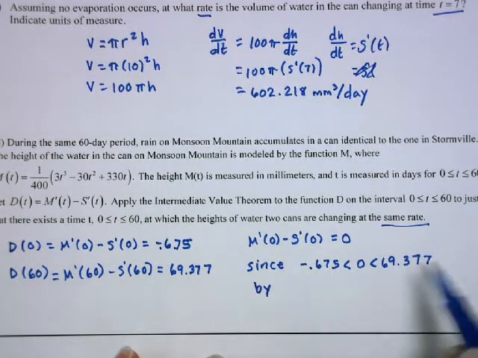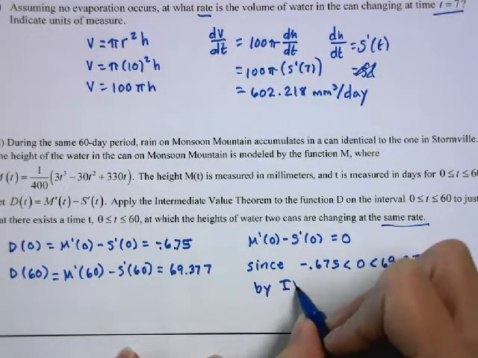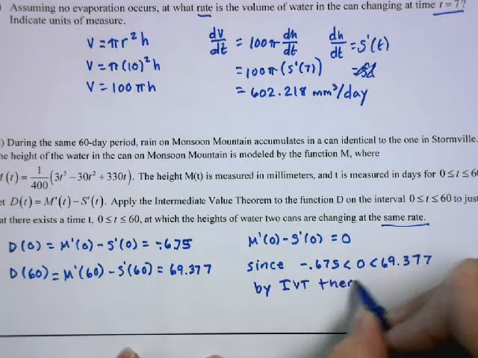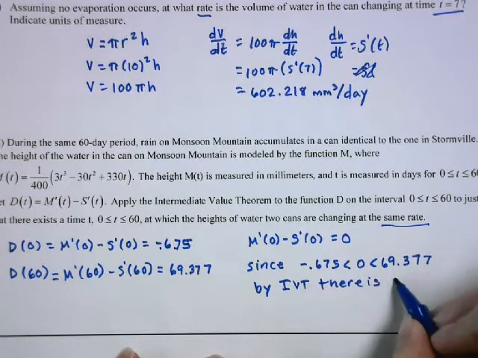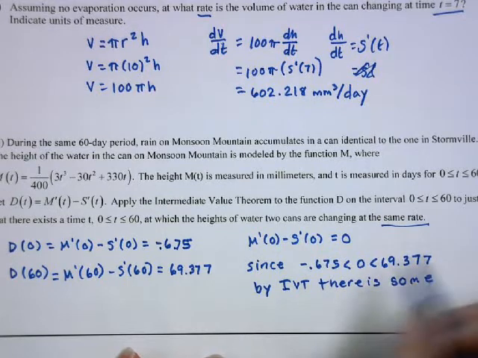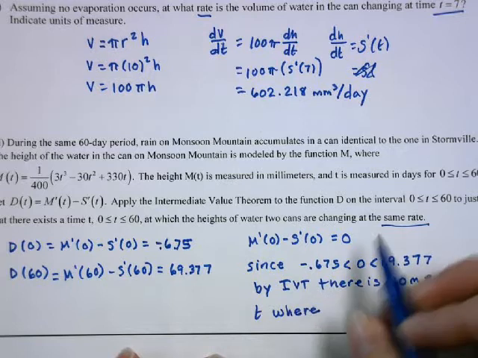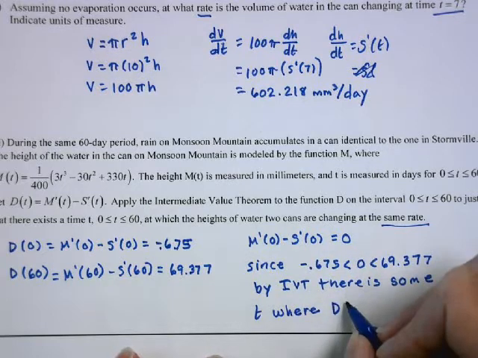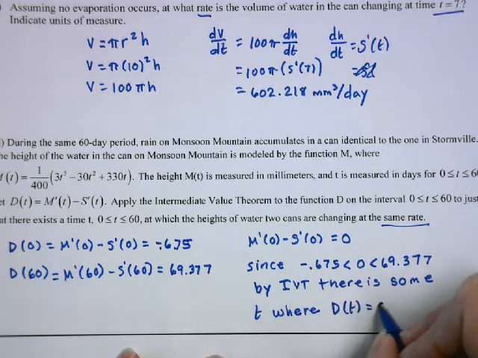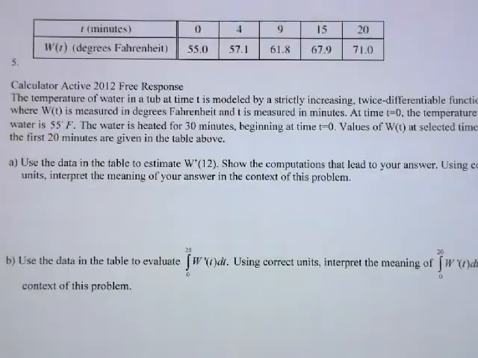It has to go through 0 if it's going from a negative to a positive. So by the IVT, there is some t where d of t is equal to 0.